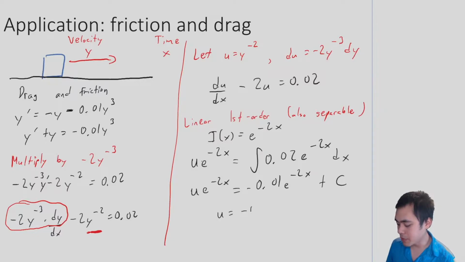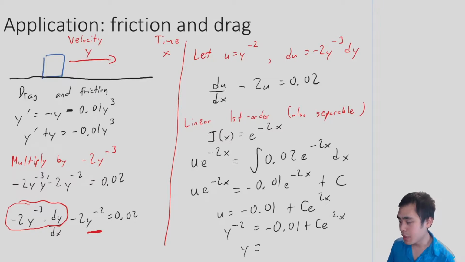Then u is equal to minus 0.01 plus c e to the positive 2x. And when we substitute this back in, you get y to the minus 2 is equal to minus 0.01 plus c e to the 2x. And therefore, y is equal to 1 over the square root of minus 0.01 plus c e to the 2x.